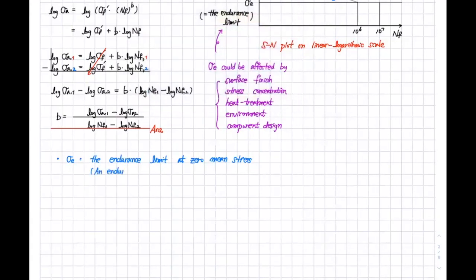An endurance limit is generally defined as the cyclic stress level that enables infinite life in the materials.